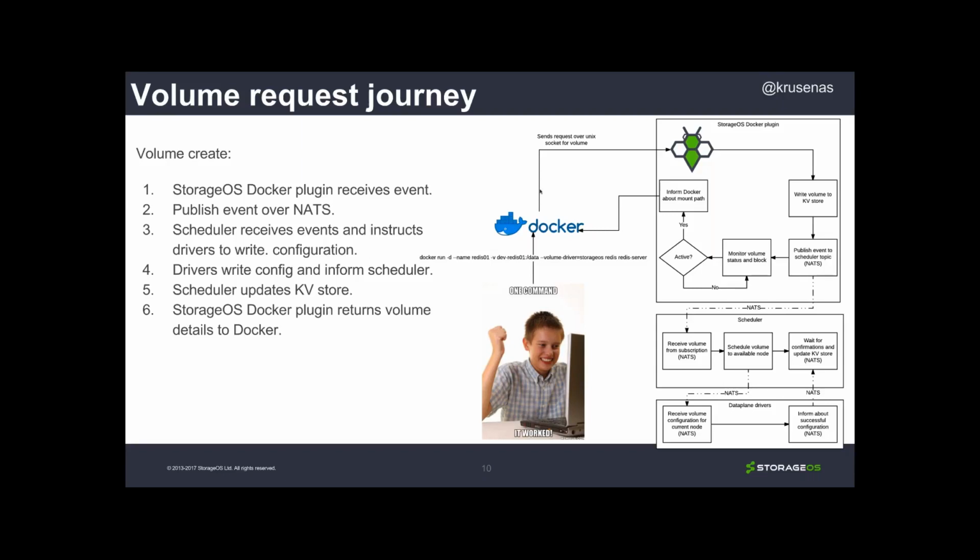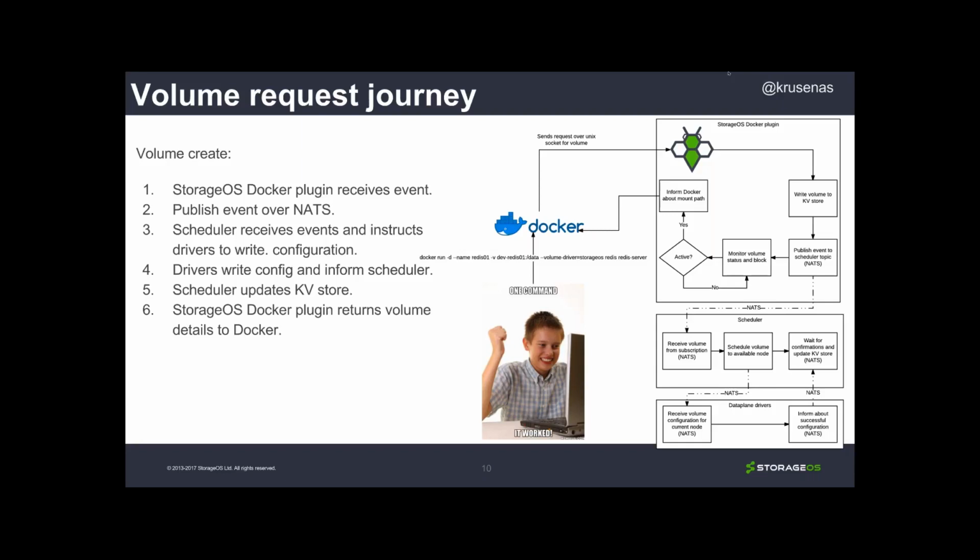In this case, Docker is communicating over a Unix socket to our Docker plugin, which is running there either when you are using the storage plugin installation or when you are using just the node installation. It's pretty much the same, as Docker runs our image in both cases.